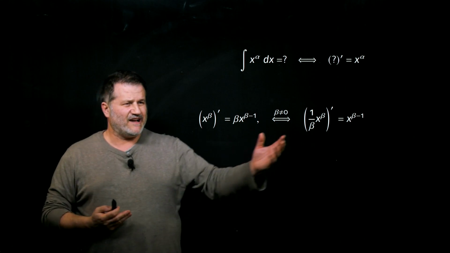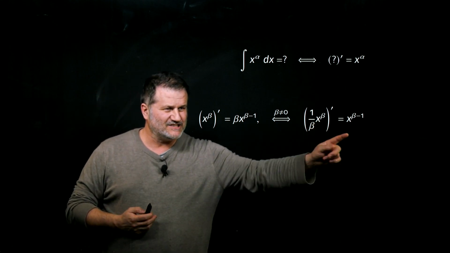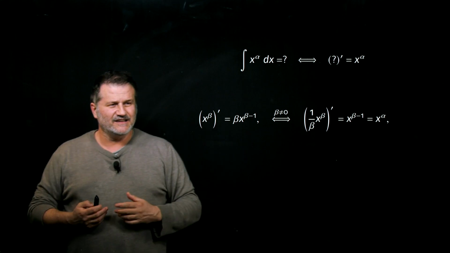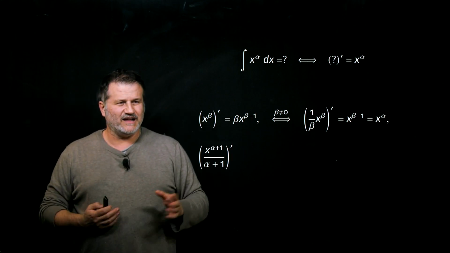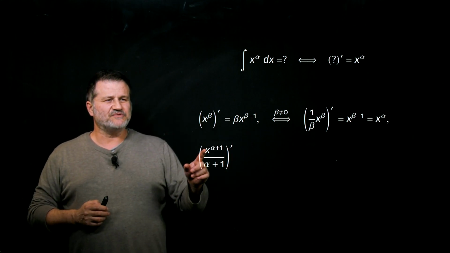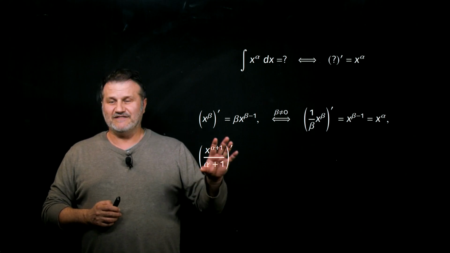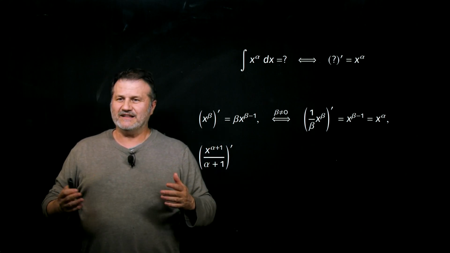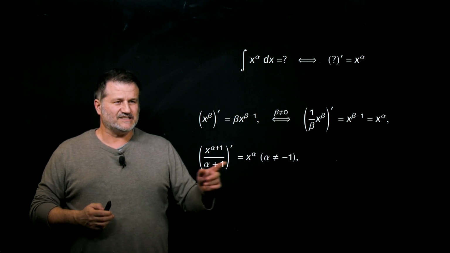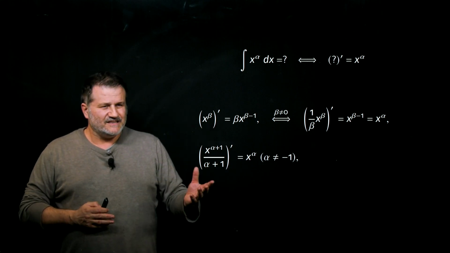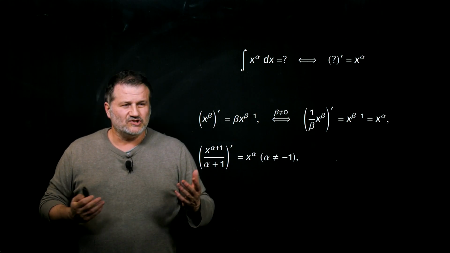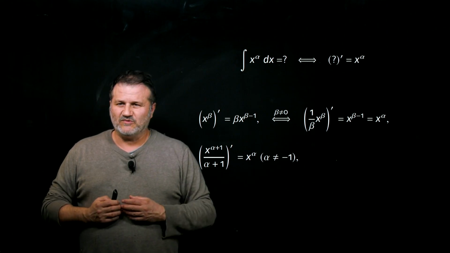And if we now introduce back alpha, so we call beta minus 1 alpha, this means that beta is alpha plus 1, we get this relation. The derivative of x to exponent alpha plus 1 over alpha plus 1 is just x to alpha. This at least if alpha plus 1 is non-zero, so if alpha is different from minus 1.